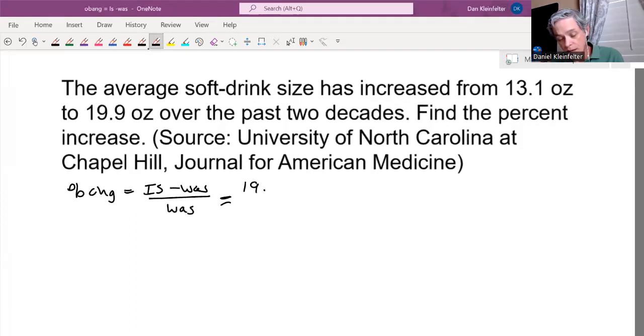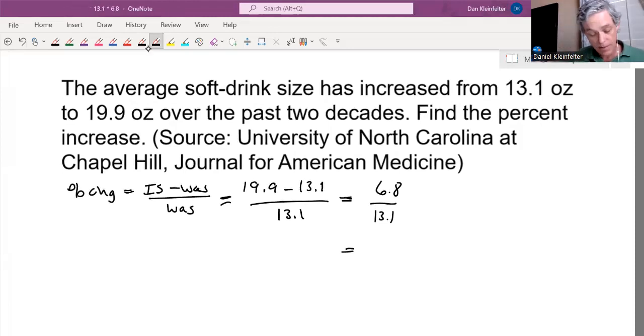So the present amount is 19.9. It used to be 13.1. Okay, so that is an increase of 6.8 out of 13.1. And that's about 52%. Let's put an approximately equal in there, 52%.